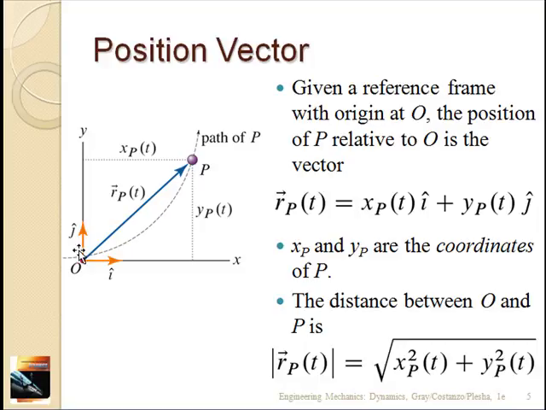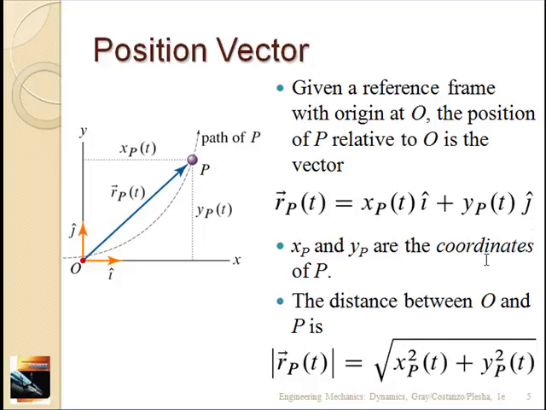So r is our position vector for particle p. If we want to break that into the horizontal and vertical components, x sub p is the x coordinate of the position vector, and y sub p is the y coordinate. So this position vector r can be broken up into the x and y components: x sub p of t multiplied by the unit vector in the i direction plus y sub p of t multiplied by the unit vector in the j direction.